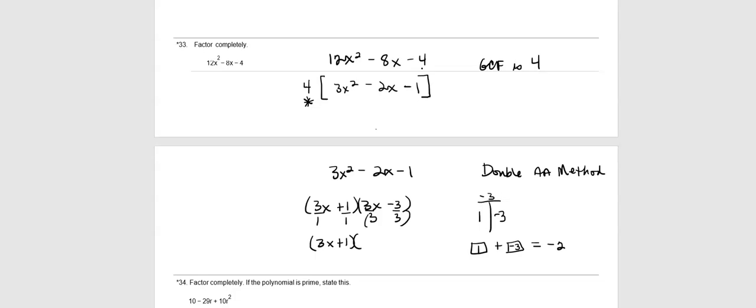So we can factor out, divide out the 3 here, which leaves us with x minus 1. So we have the binomials for this trinomial, but we also have the 4 that we factored out. All 3 factors are a part of the answer. 4 times the 3x plus 1 times x minus 1.